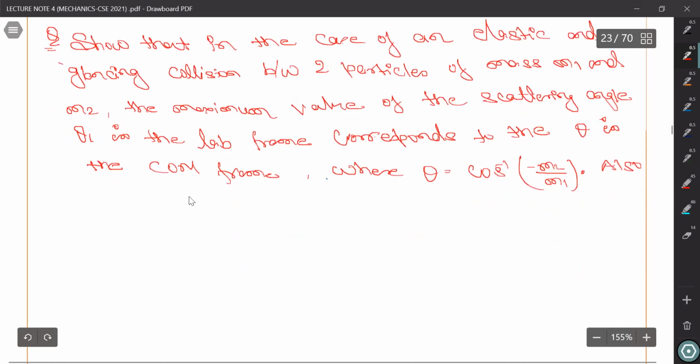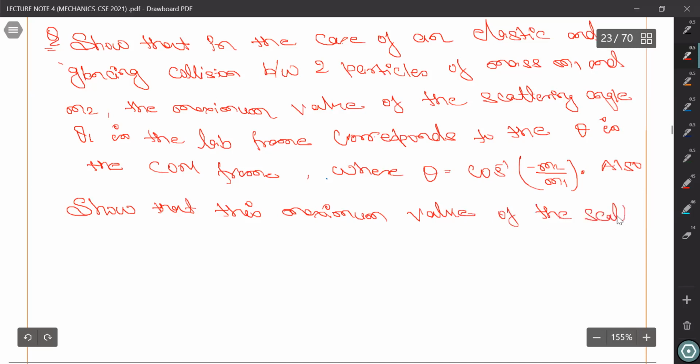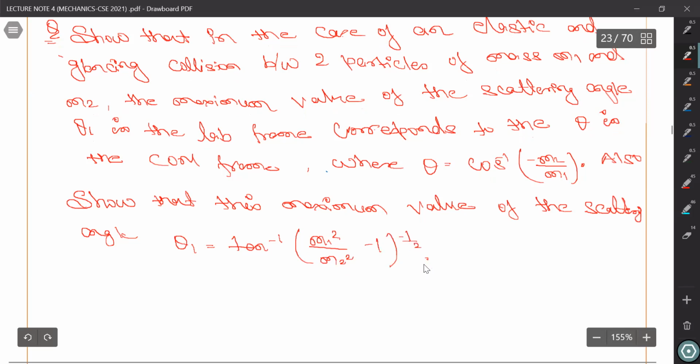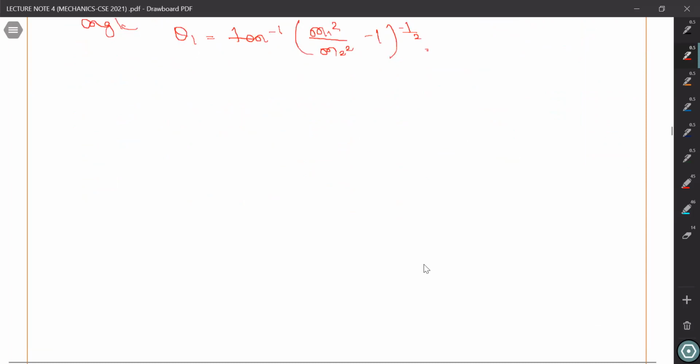Also, so that this maximum value of the scattering angle, that is theta1, equals tan inverse of m1 square upon m2 square minus 1. Okay. So this is the question. Now come to its solution.